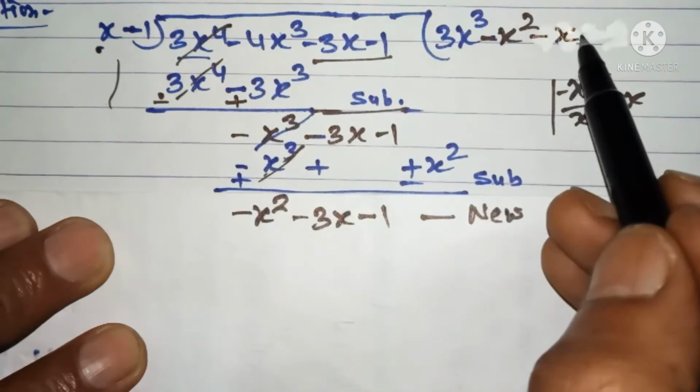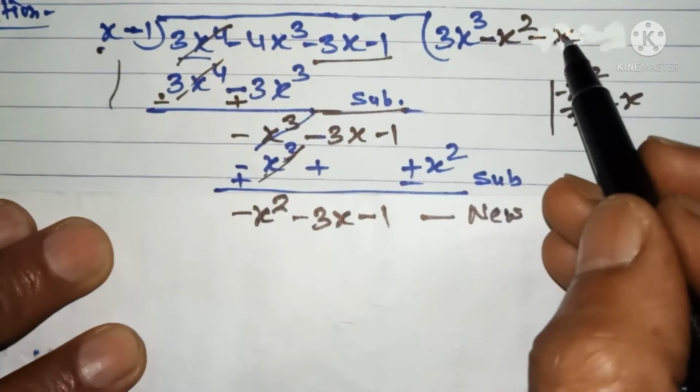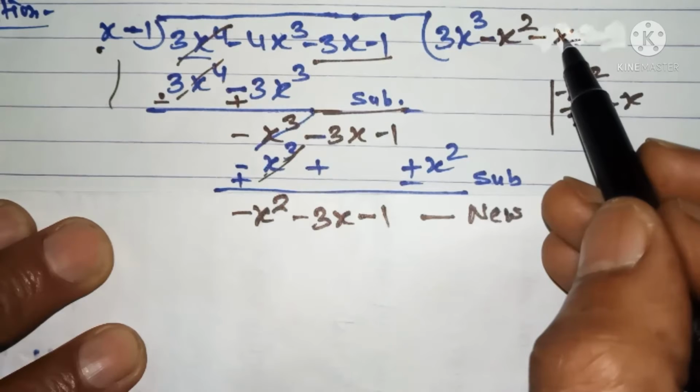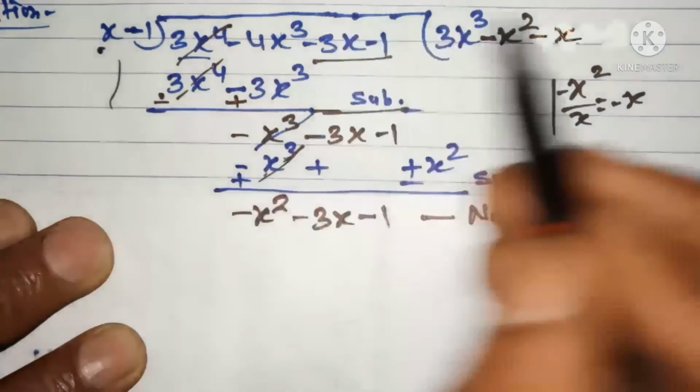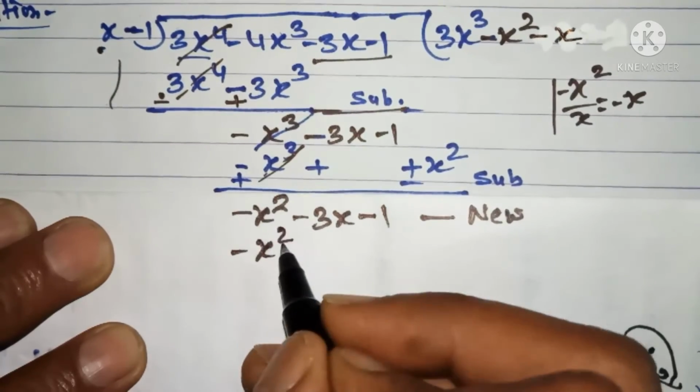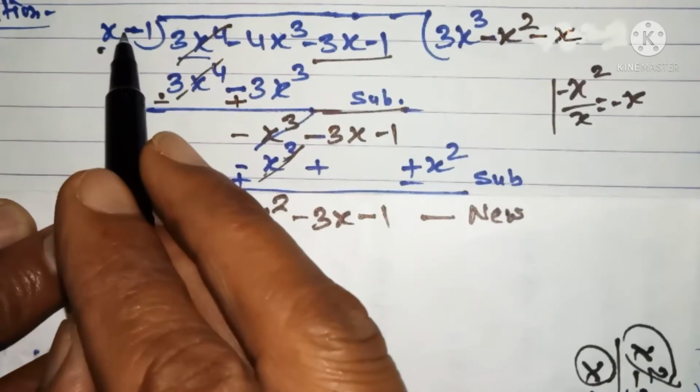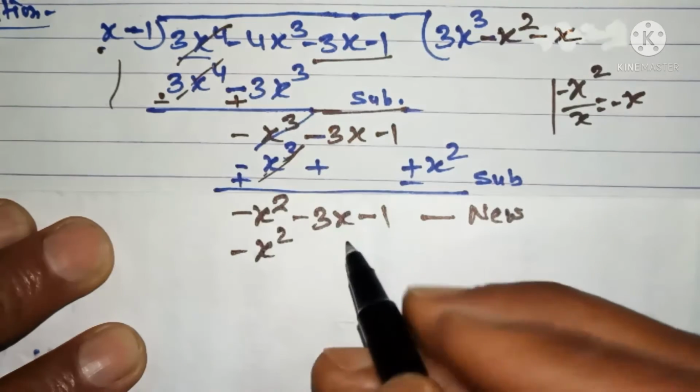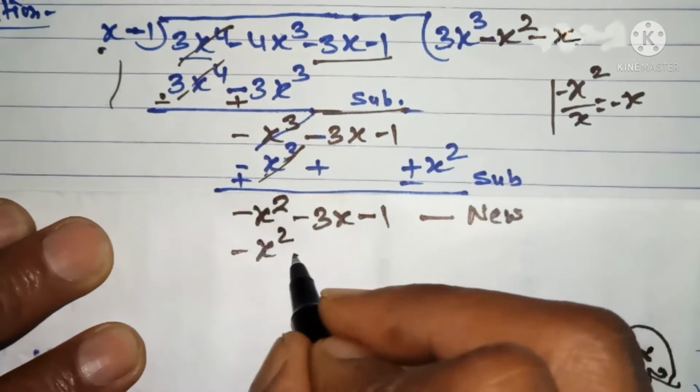Now we can multiply the divisor by the new term of the quotient, which is minus x. Minus x into x will give us minus x square. Minus x into minus 1 will give us plus x.